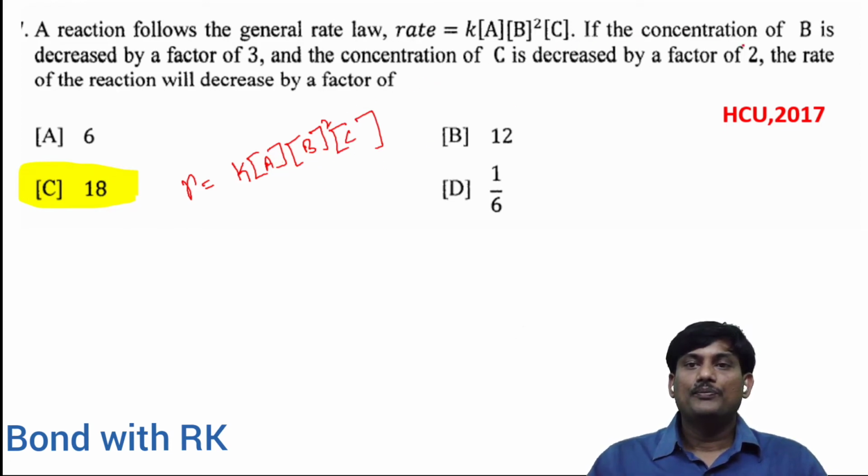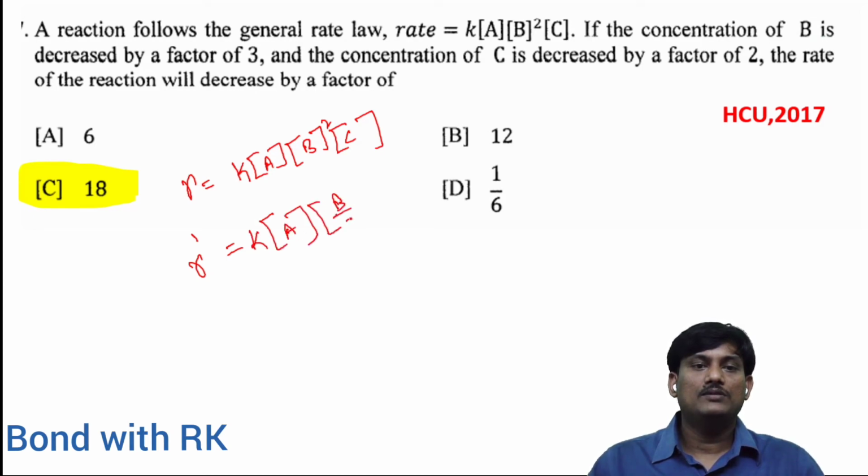Let's take the concentration of B is decreased by 1 by 3. So then R dash is equal to k[A][B/3]^2, and C is decreased by a factor of 2, so it will be C by 2.